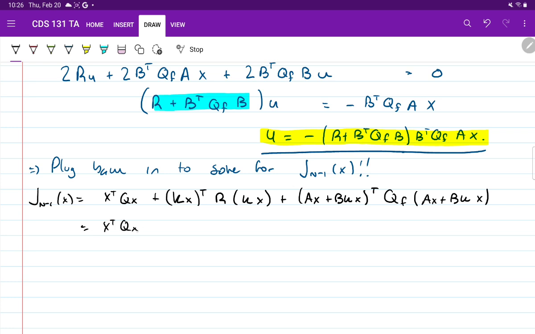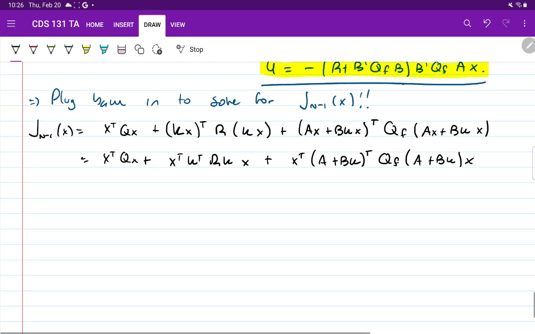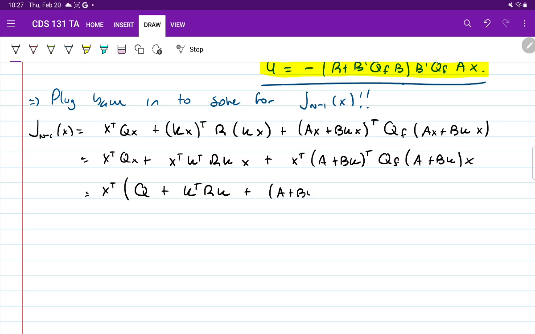Well, I get an x transpose Qx plus x transpose K transpose RK times x, plus an x transpose times A plus BK transpose Qf, A plus BK times x. So what I notice is that each of these will be a kind of quadratic form in x, right? So I can pull a bunch of x transposes out to the front. And I get a Q plus K transpose RK plus an A plus BK transpose Qf times A plus BK, all multiplied by x, all right?